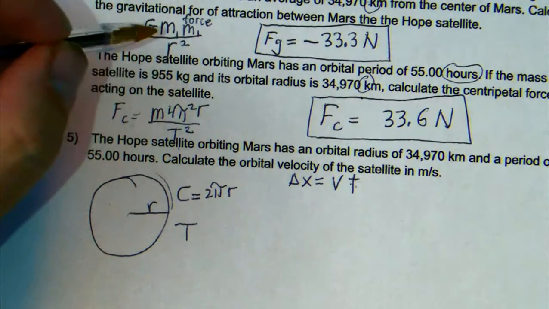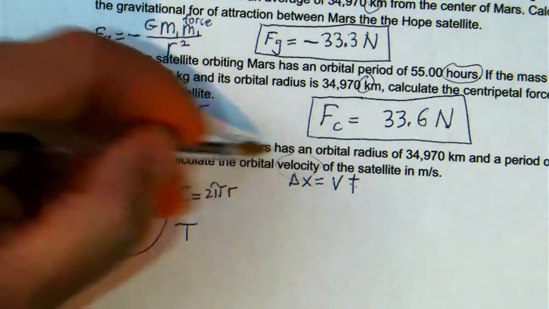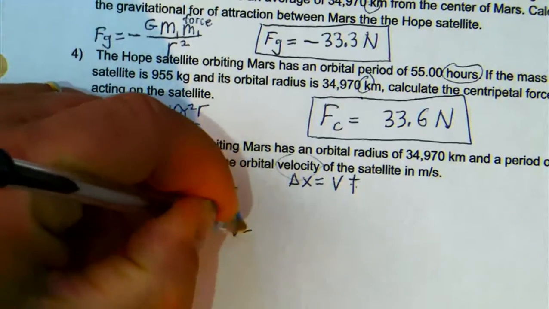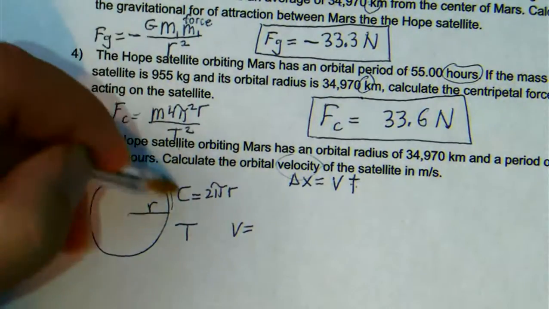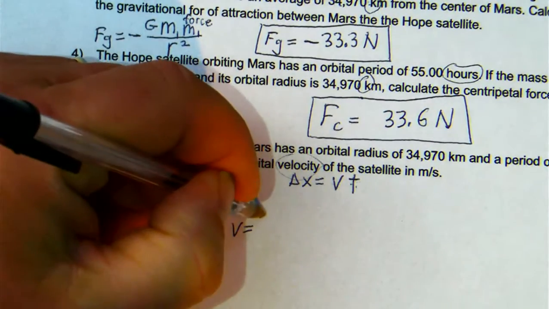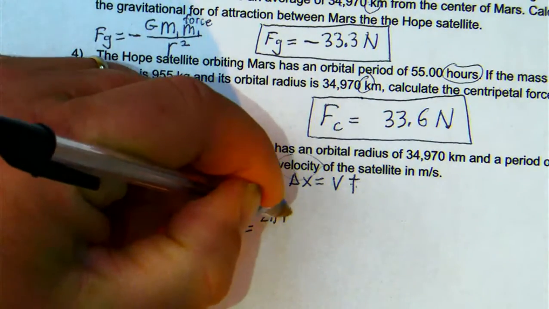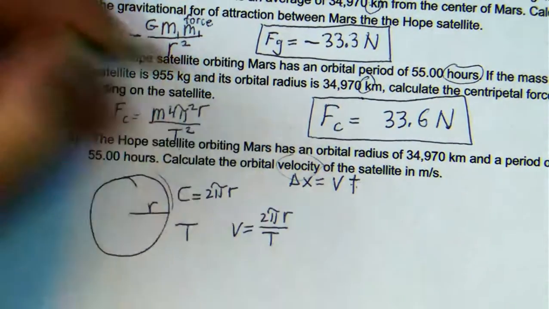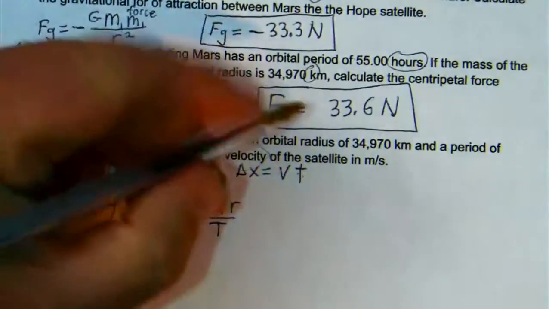So I could calculate the orbital velocity of the satellite using old-fashioned geometry that says 2 pi r divided by the period will get me the right answer.